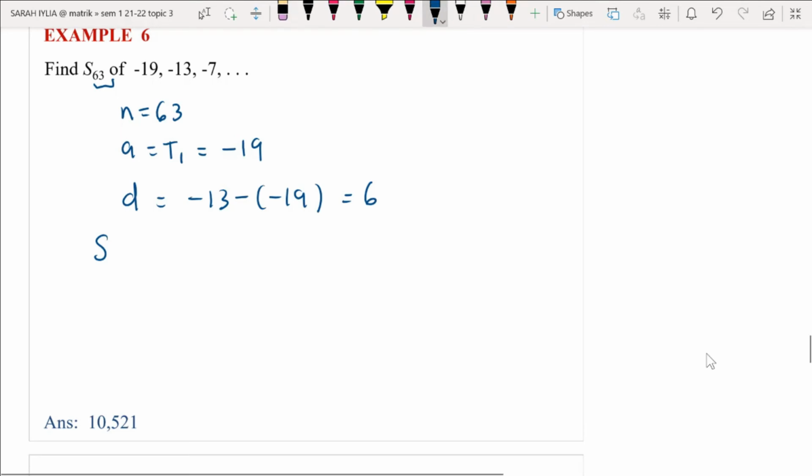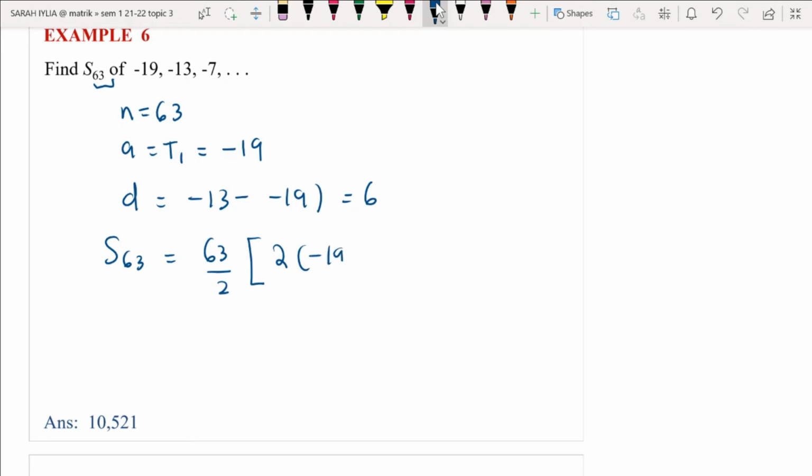So, kita nak cari S63 equal to N over 2 times 2A. So, 2 times negative 19 plus N minus 1, 63 minus 1 times D times 6. And then, awak tekanlah satu-satu kat dalam calculator, akan dapatlah 10521.